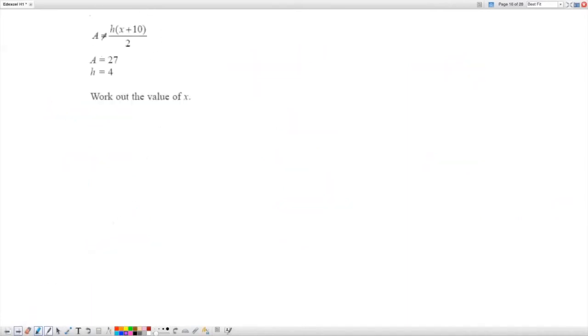Here we have an equation given to us and given two values for a and h. We need to find x. So the first step is to replace what we have here with the values. So 27 equals 4 bracket x plus 10, close bracket, all divided by 2.